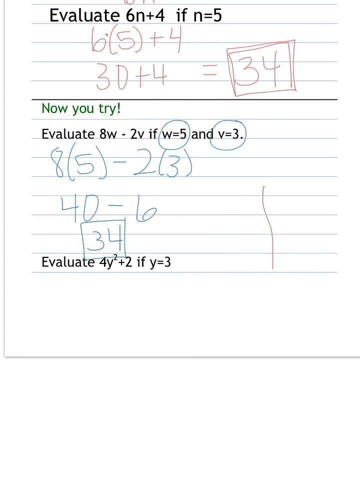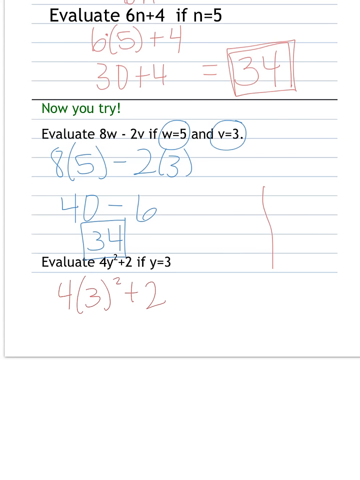Next one, we have 4y squared plus 2 if y equals 3. So let's start with plugging in our 3 for y into our expression. Now, using order of operations, first thing, parentheses. We do have parentheses, but notice there's no other operation inside of it. It's just kind of holding the 3 in place. So there's nothing we need to do with the parentheses.